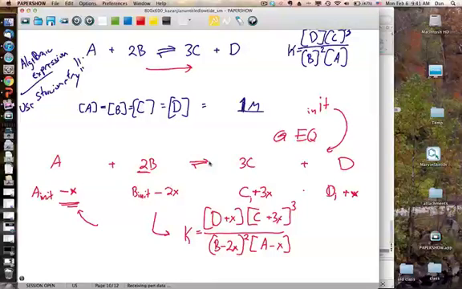So given any initial concentration and any final concentration, we would be able to plug in the correct values. Stick with the stoichiometry. It makes checking things easy. This would imply 1, this would imply 2, 3. And again, this represents the change of the respective amounts.